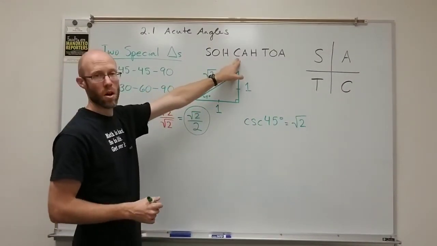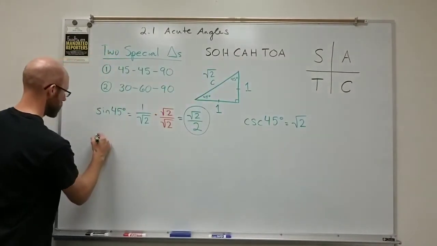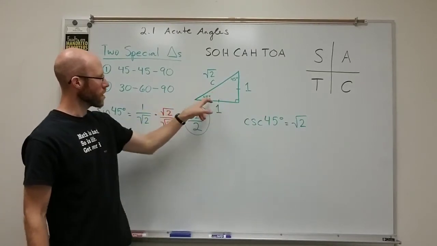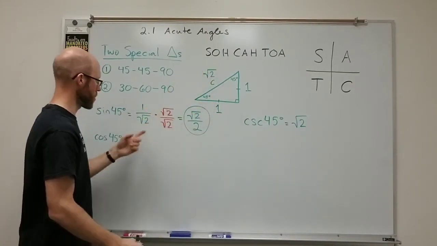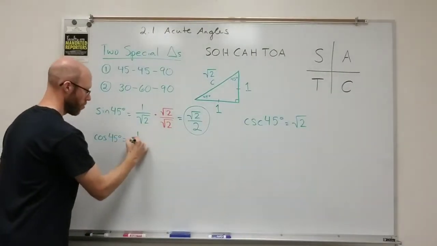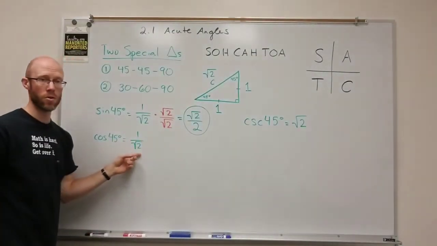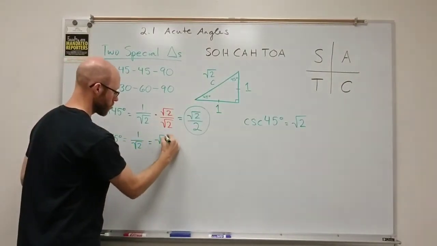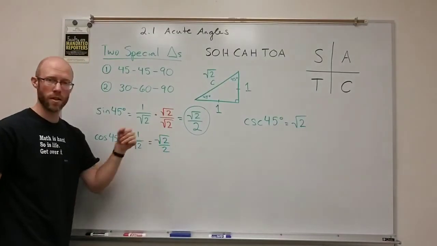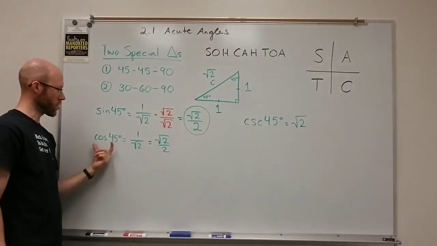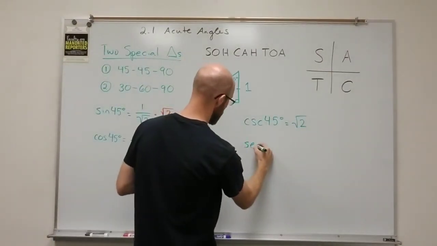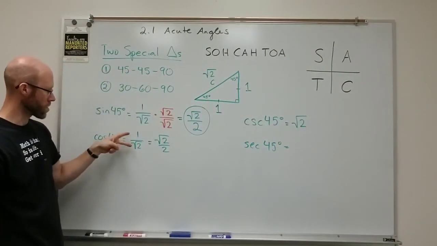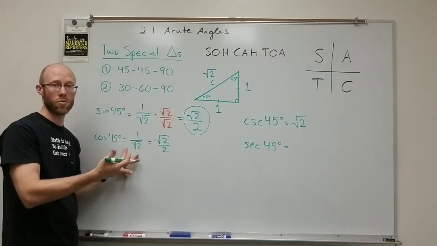Now we go to the cosine, right? So cosine of 45 degrees is adjacent over hypotenuse. It ends up being the same thing, 1 over root 2. And 1 over root 2, I could go through all this process again. It's going to be root 2 over 2. I'll spare the details. And so then its reciprocal, which is the secant, is going to be root 2 again.